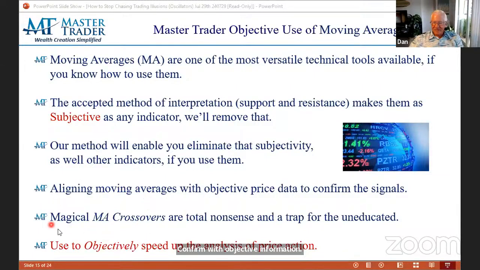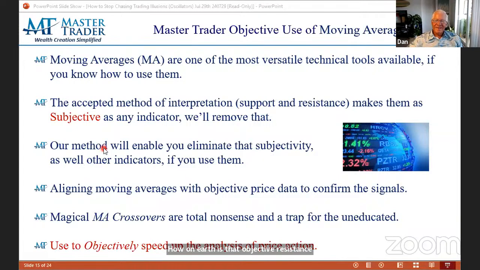The subjective people think moving average crossovers, this magical turning of the 50 and 200 or any other combination that they'll try to peddle to you, is a buy or sell signal. Now remember, a moving average, whatever number it is, is just taking the closing price and dividing by X. How on earth is that objective support or resistance?